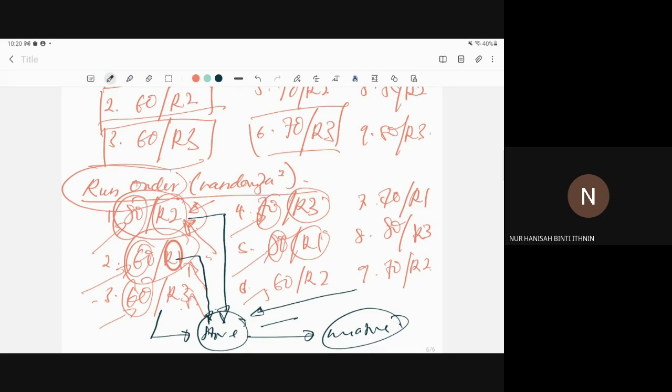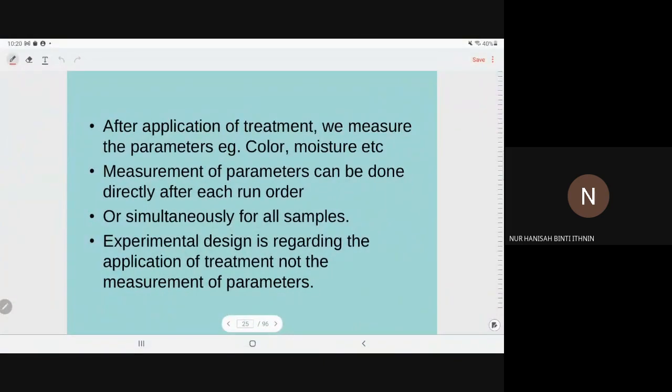So that is what is meant by this statement: experimental design is regarding the application of treatment and not the measurement of parameters. It is up to you whether you want to measure immediately after application of treatment, or collect everything together and then measure the response.